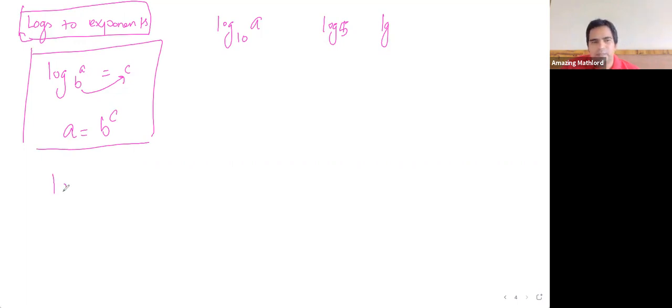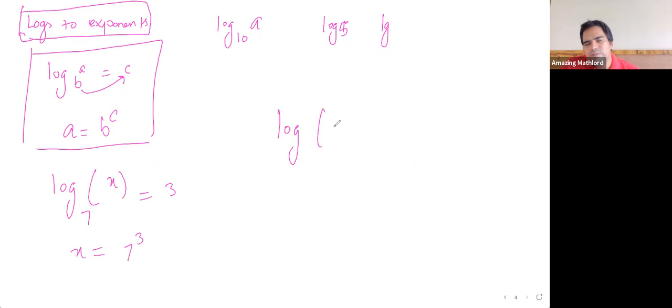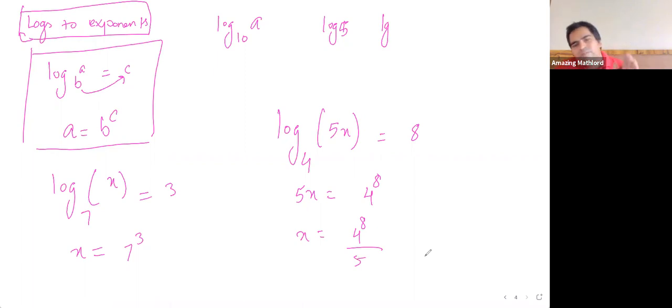For example, if I have log x to the base 7 equals 3, I can say x is 7 to the power 3. If I have log of 5x to the base 4 equals, let's say, 8, 5x will equal 4 to the power 8. So x is going to be 4 to the power 8 upon 5, and you get the answer. So this is converting exponential form to log and log to exponential form.